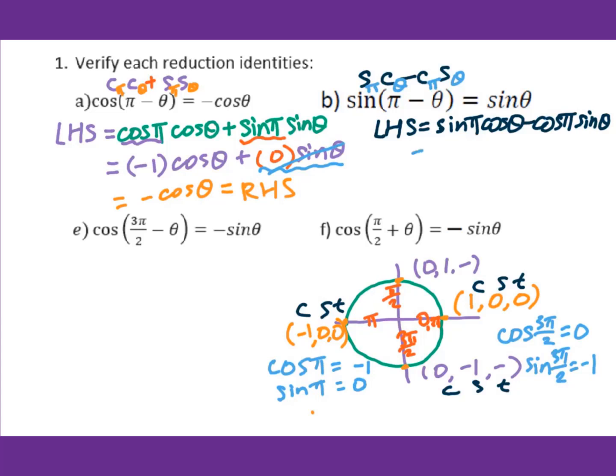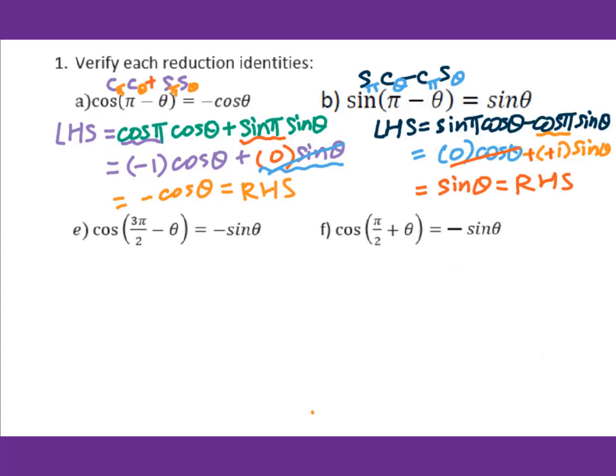Then we plug in. For sine pi, that's 0, cosine theta, minus cosine pi, that's negative 1 times sine theta. 0 times cosine, that's 0. Negative means positive, so we got sine theta. That's the right hand side. So we finish this proof.